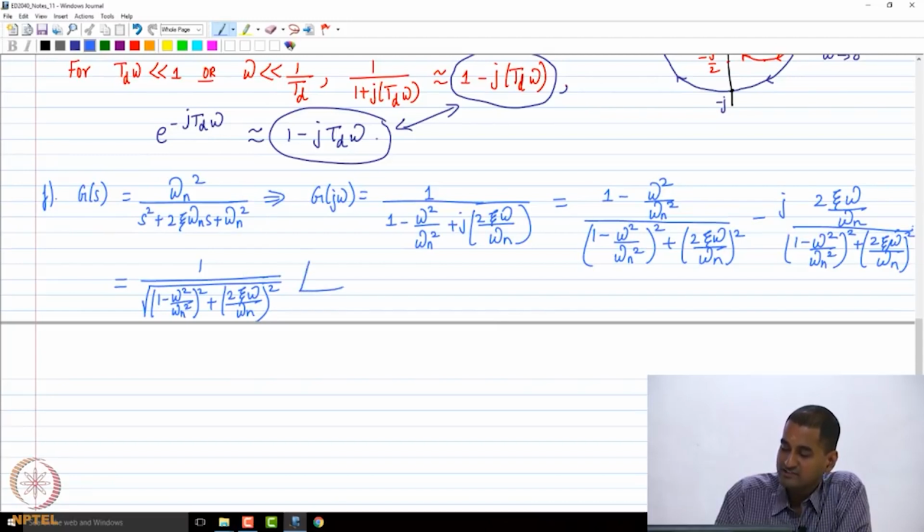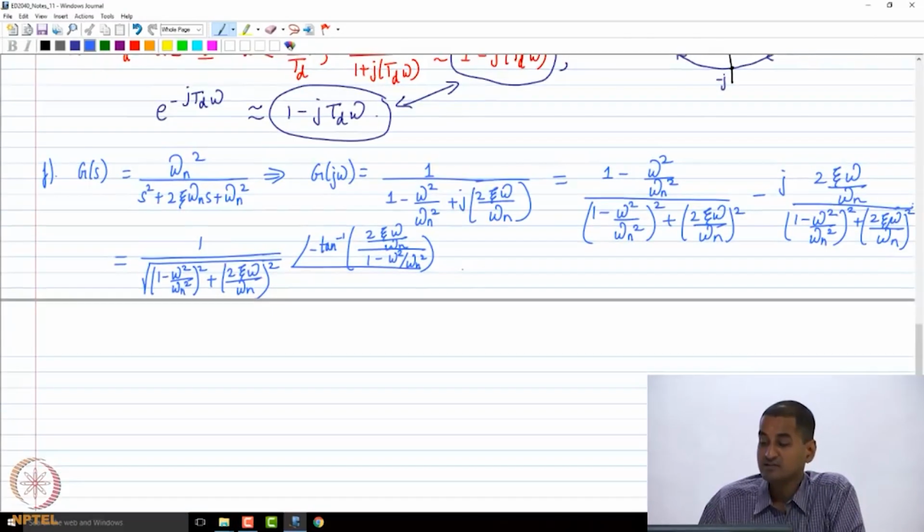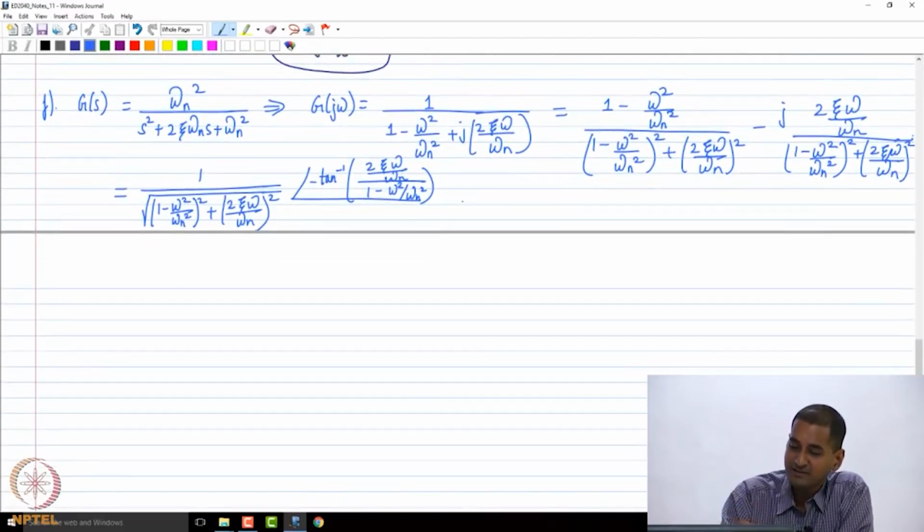And the phase is going to be minus tan inverse of 2 zeta omega by omega n divided by 1 minus omega squared divided by omega n squared. That is the phase. So I am going to leave it to your homework how we get this Nyquist plot for the second order factor.